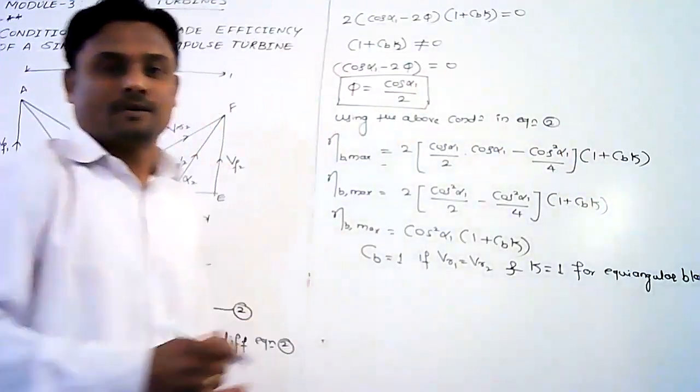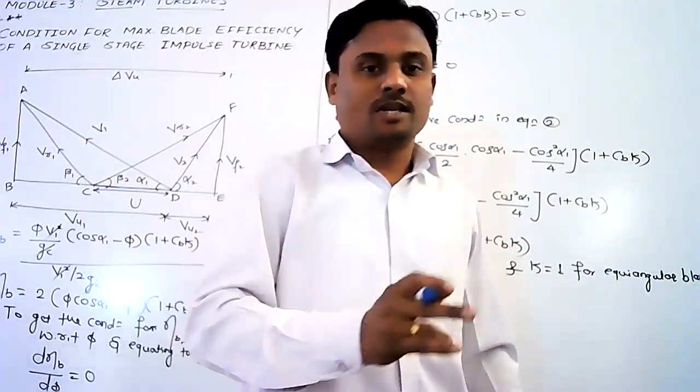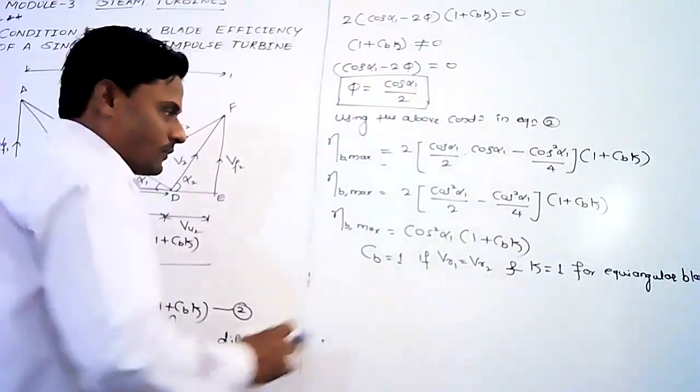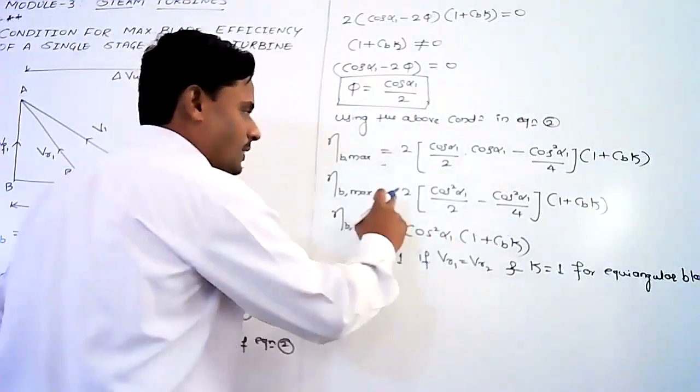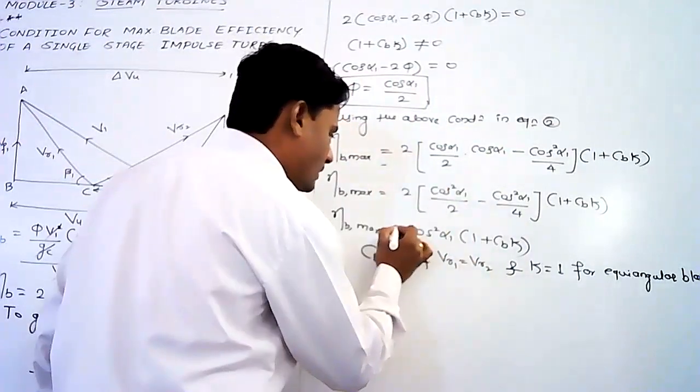Is that clear? So K equals 1 means beta 1 equals beta 2, that is equiangular blades.